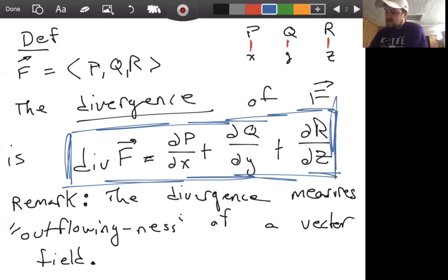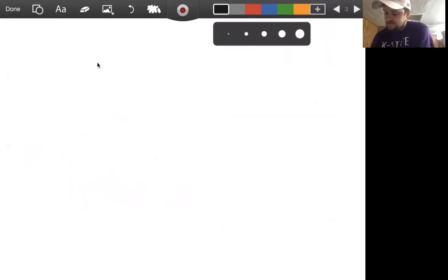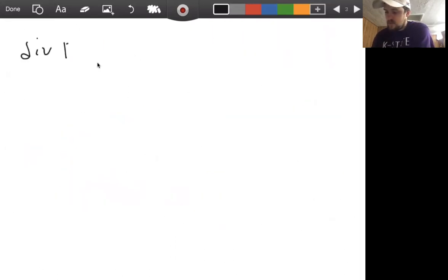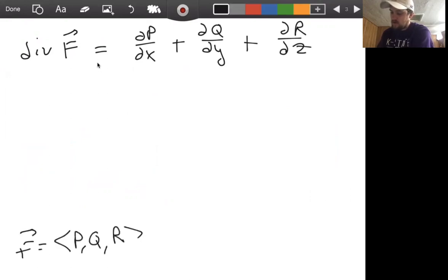Let's take a look at this definition a little more before we start doing some examples. The divergence of F was what we said to be ∂P/∂x plus ∂Q/∂y plus ∂R/∂z. Now we know F is (P, Q, R), right?